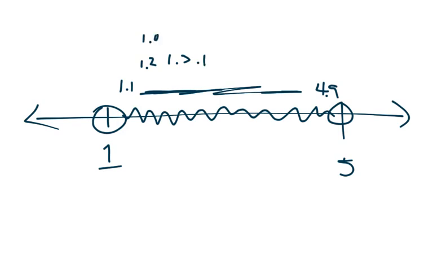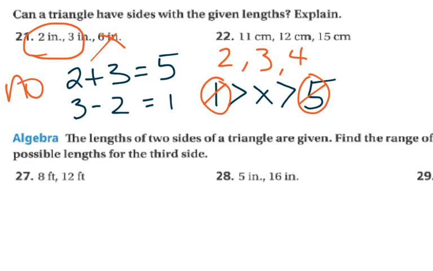I also have 1.02, 1.03, and I have an infinite amount of numbers in between those two. But it cannot be 1, and it cannot be 5, and it can't be bigger than 5, and it can't be less than 1. So just make sure that that is clear. So this one actually would not work because 6 is too big. It had to be in between 1 and 5, and it was not.